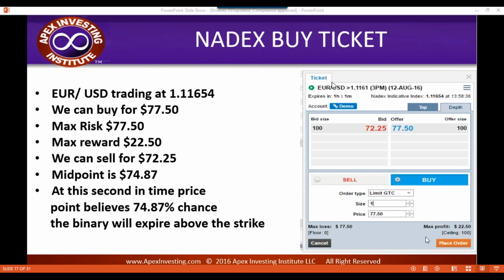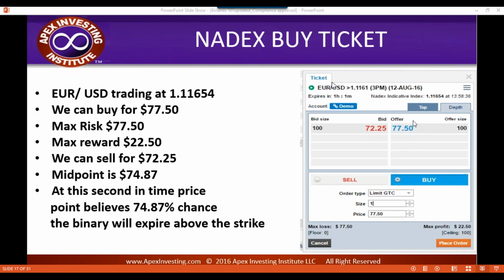And if I was to place this order right here, it's going to take $77.50 out of my account and put it on hold until this binary contract settles. And if this binary contract settles and I was wrong, the statement did not happen, then it's worth 0, right?